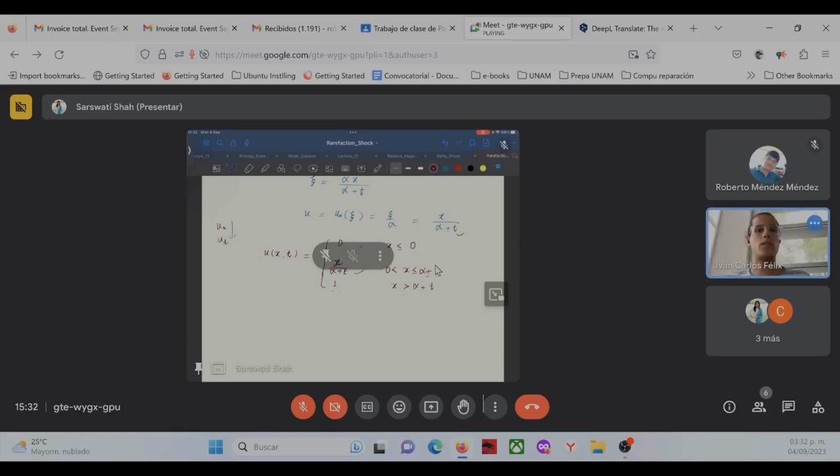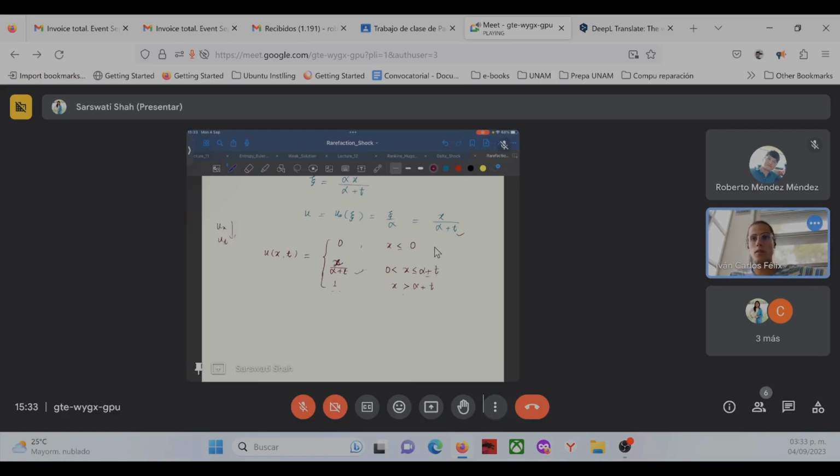The derivative with respect to x is a constant, right? It's 1 over alpha plus t, so that's a constant, and the function is constant. It is 0, 1 over alpha plus t. Yeah, it makes a jump.